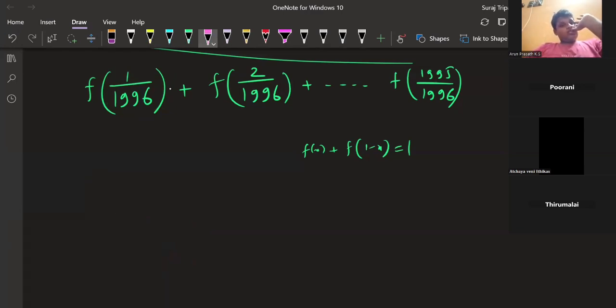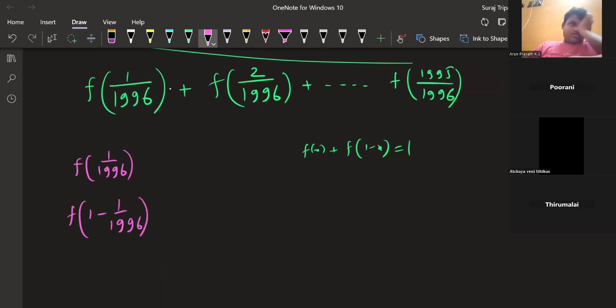So if I consider f of x as f of 1 upon 1996, what will be the value of 1 minus x? If I consider this, it will be f of 1995 divided by 1996.